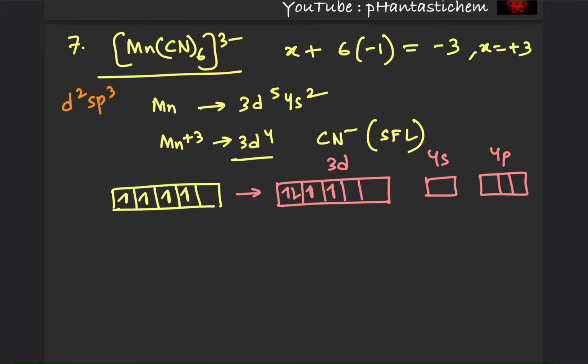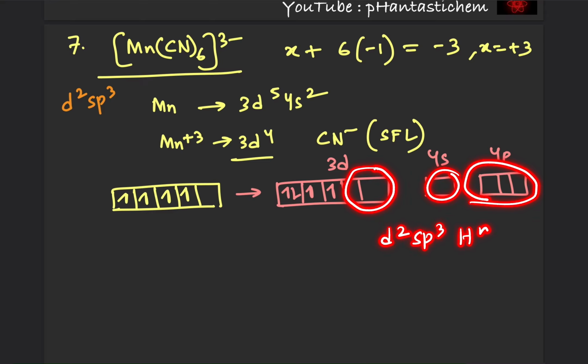Therefore, out of these 4 electrons, only 2 pair up. So 2 orbitals from 3d, 1 4s and 3 4p vacant orbitals are available for d2sp3 hybridization.